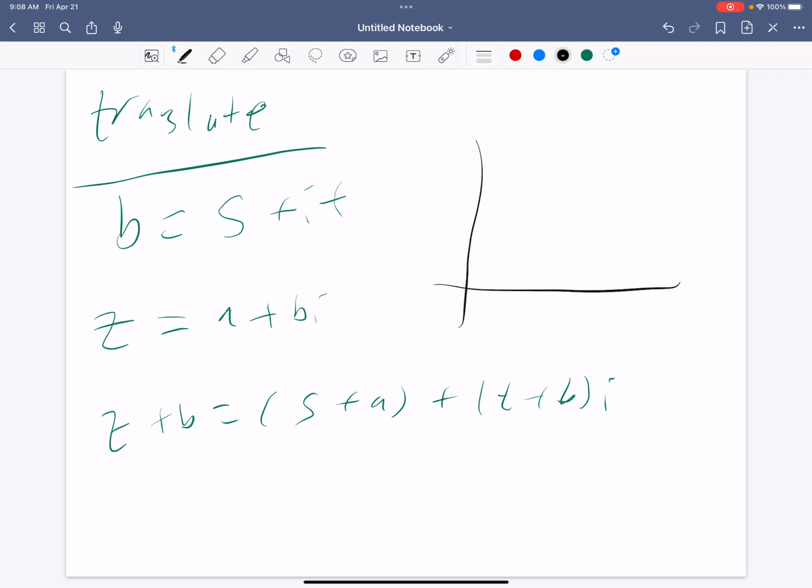Because if we've got our complex number here, which is a plus bi, well, then adding s to the real part A there is a plus s, and the imaginary part B, t plus b, so yeah, simply push it however far it needs to go in both the x and y directions.